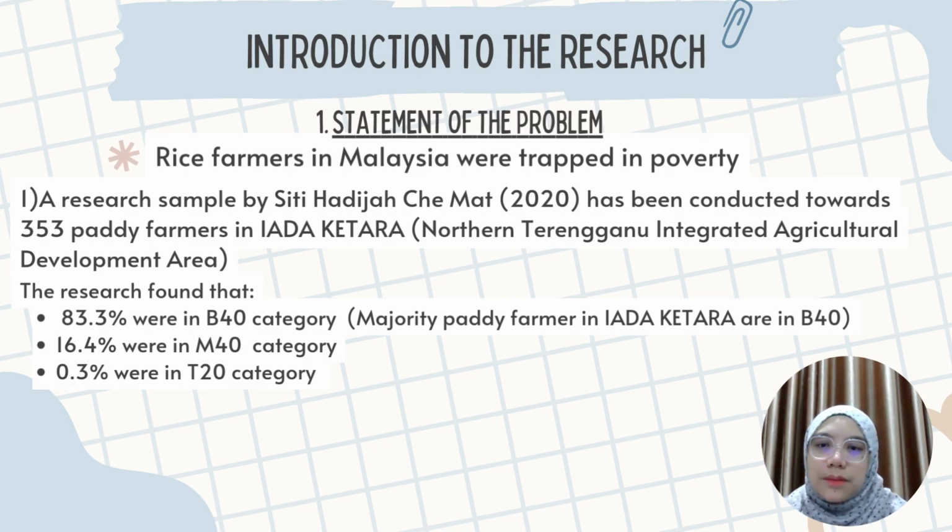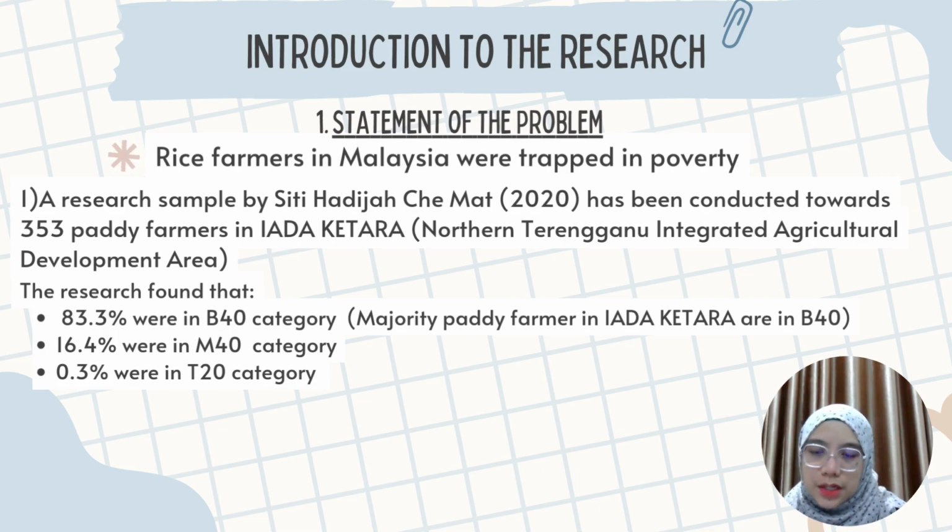Based on the research from Siti Hadijah Shepard in 2020, she conducted a study of 353 paddy farmers in northern Terengganu. The research found that the majority of paddy farmers in northern Terengganu are in the B40 category, so the majority are in the lowest income.